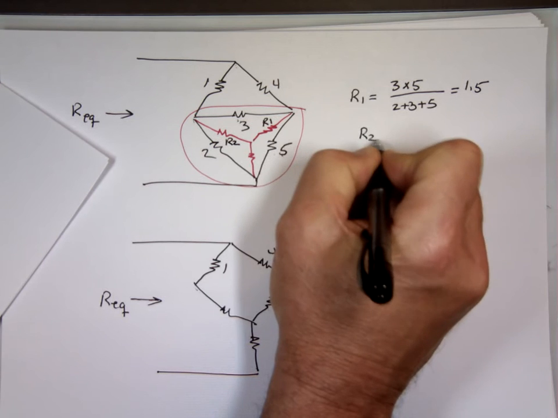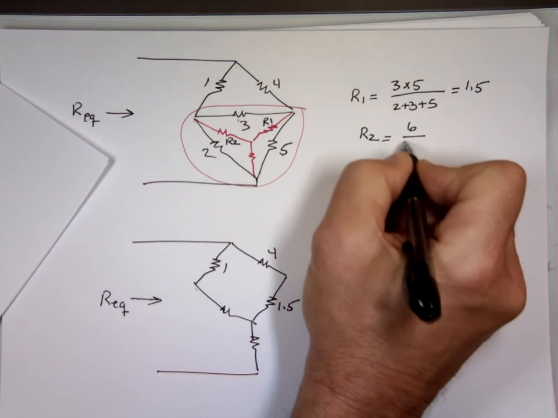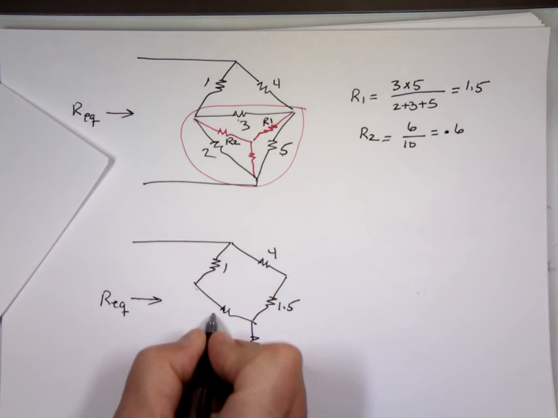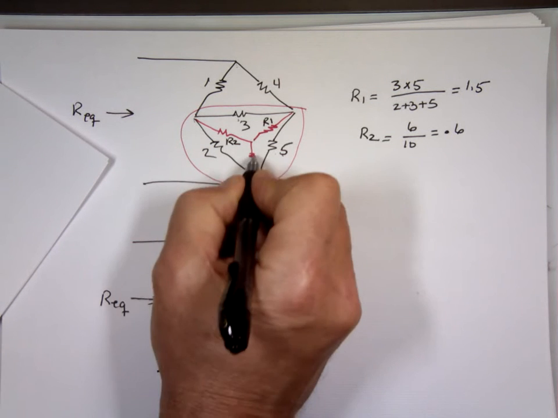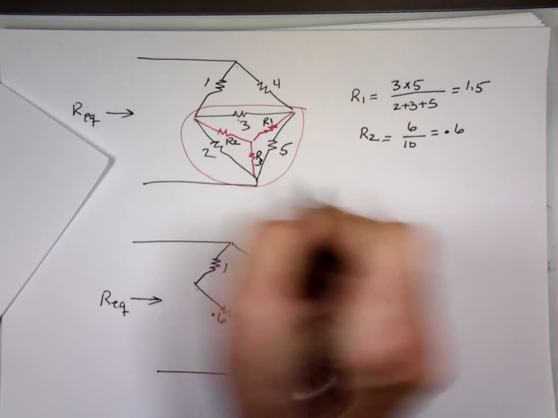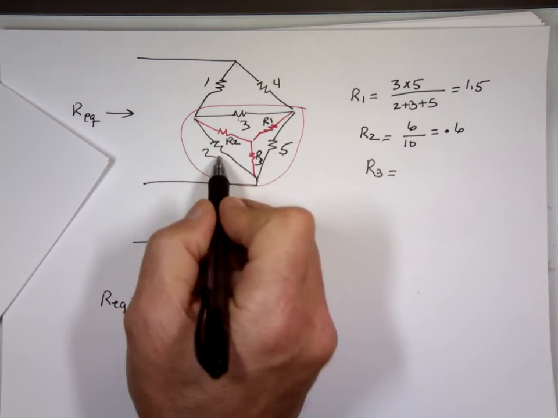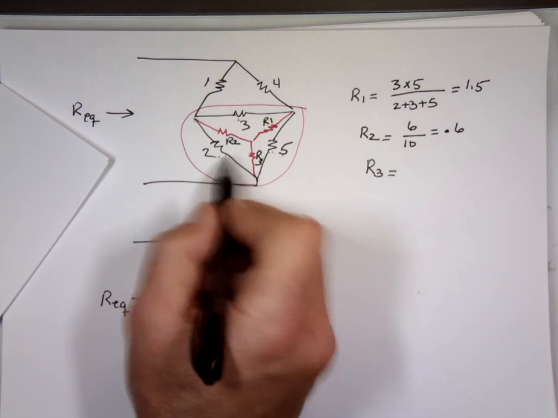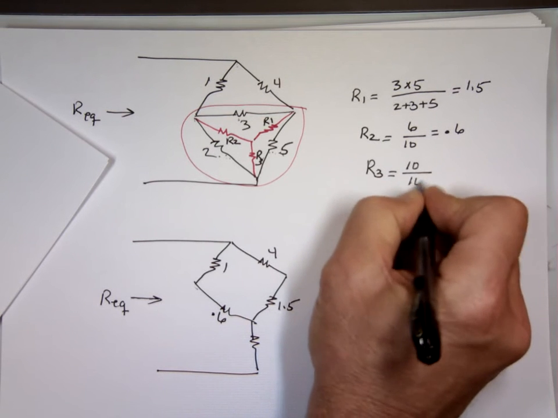The product 3 times 2, which is 6, over 10, which is 0.6. And R sub 3 down here in the bottom, the product of these two: 2 times 5, 10, over the sum, which is 10, that's 1.